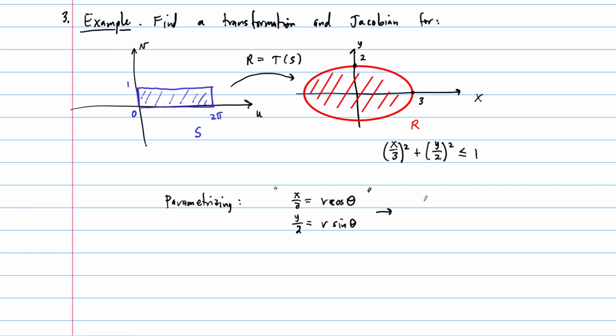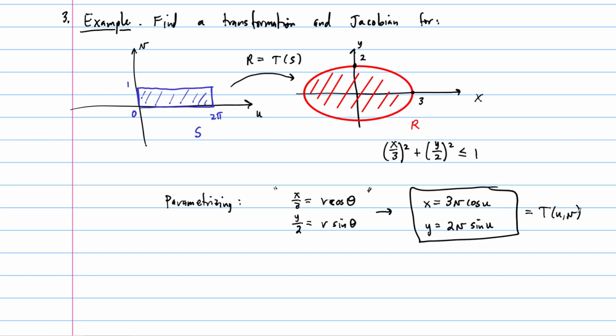So what this ends up becoming is x equals 3 times V times cosine of U, and y is going to be equal to 2 times V times sine of U. All right, and so this is our transformation, T of UV, that takes the rectangle and maps it to the ellipse, actually. It goes in that direction.